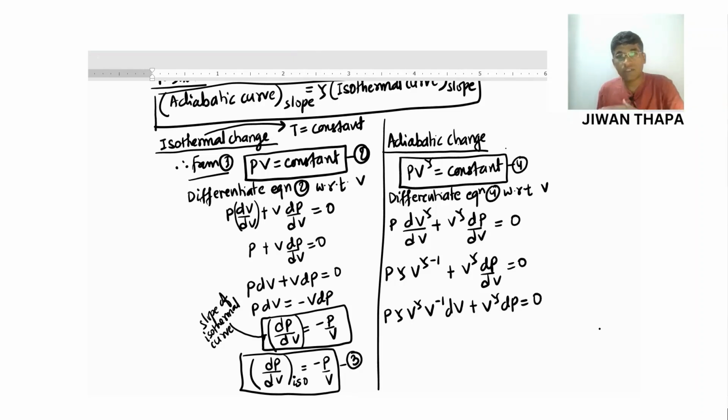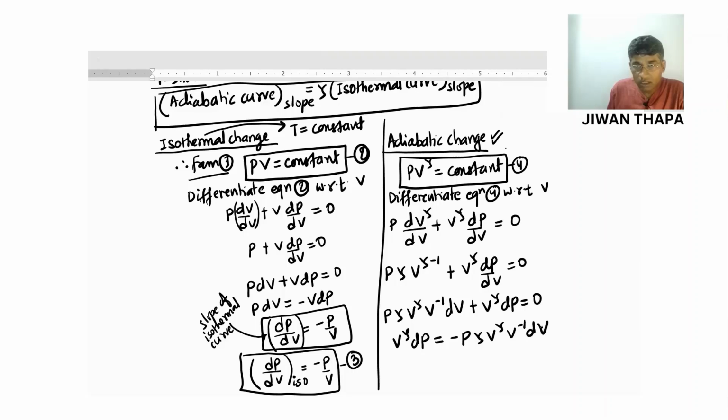If the bases are same, then the powers add up. So I'm writing in this way after simplification. Now we want to find the slope of adiabatic curve or adiabatic process. So V power gamma dP equals minus P gamma V power gamma minus 1 dV.